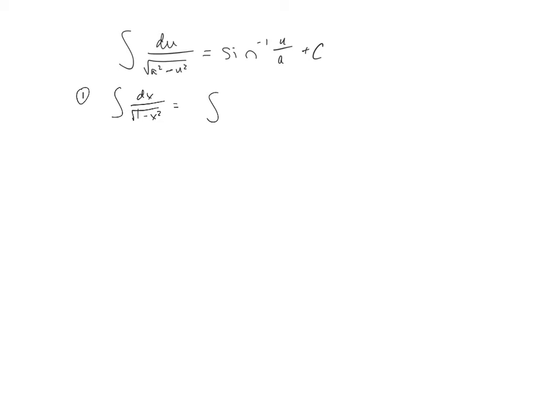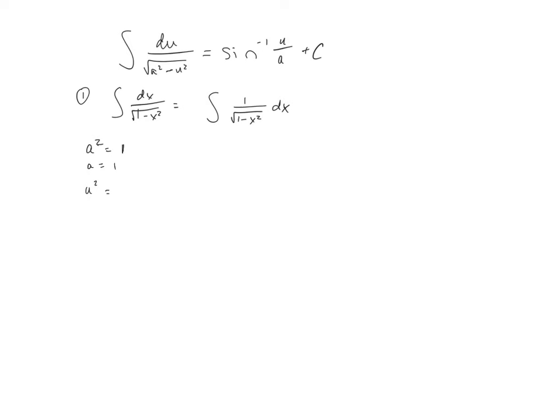Okay, this could be rewritten as 1 over square root of 1 minus x squared dx. Now I'm going to figure out what my a squared value is and my u squared value, and from there I can figure out my a and u that I need in order to have my appropriate inverse sine function. So my a squared value is 1, therefore a is 1.